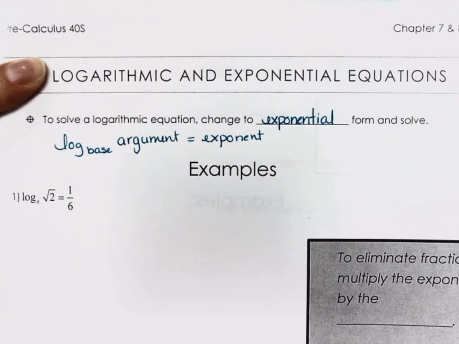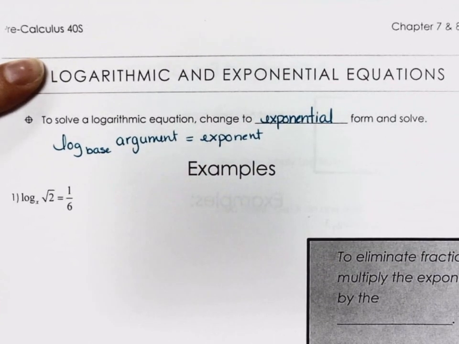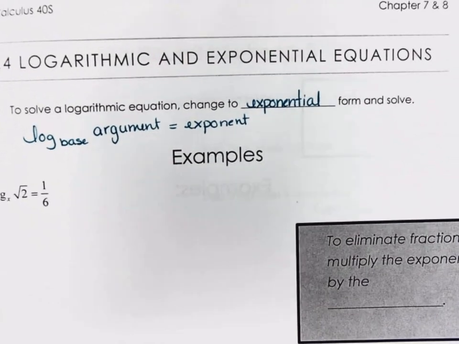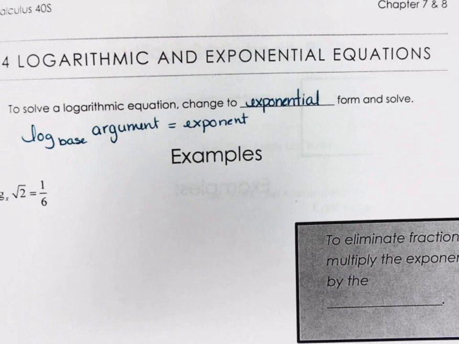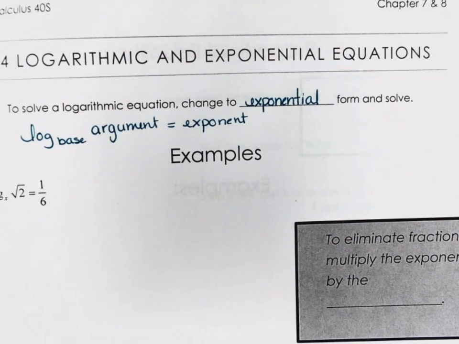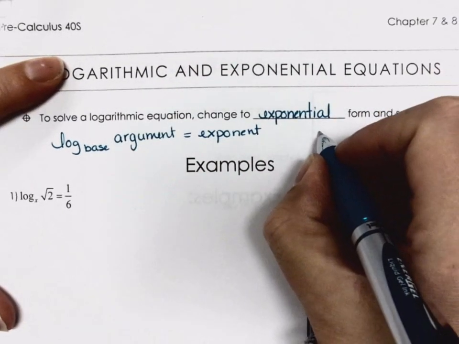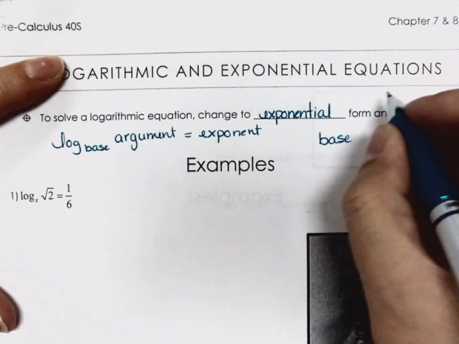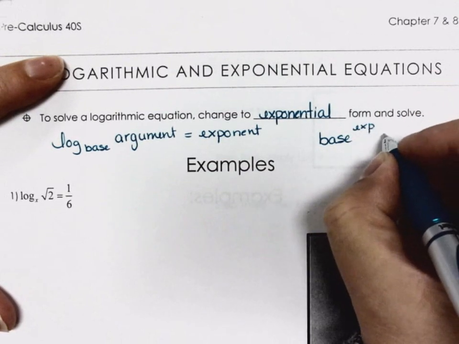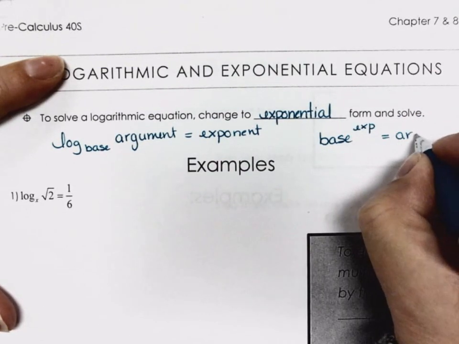So that's the log form of it. If we switch this to exponential form, it's just like standard form and vertex form. They're the exact same equation, we're just changing the format of it. So in exponential form, it's base exponent equals the argument.